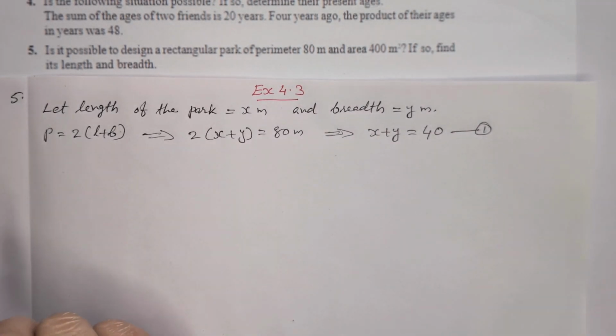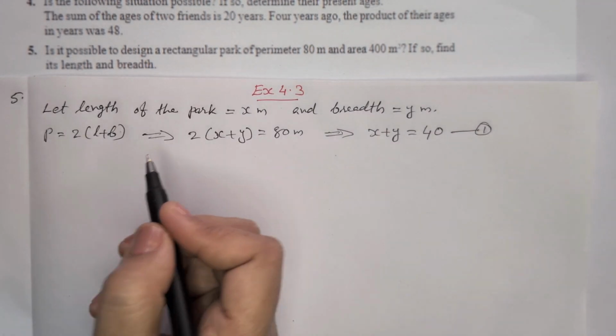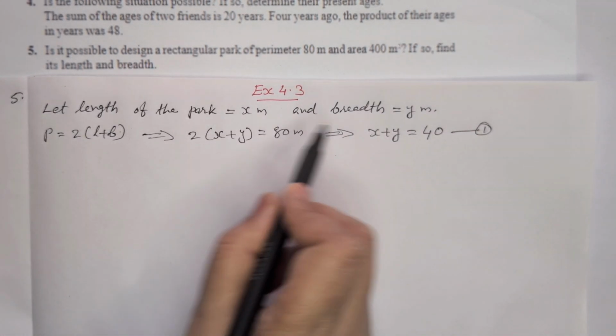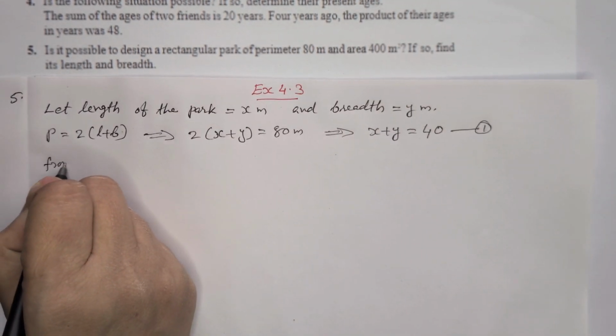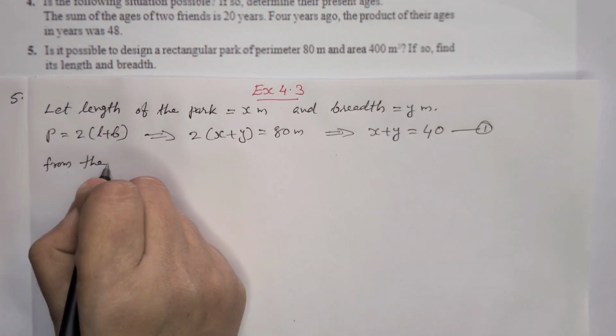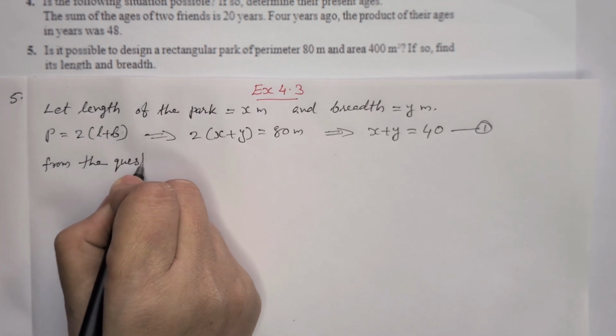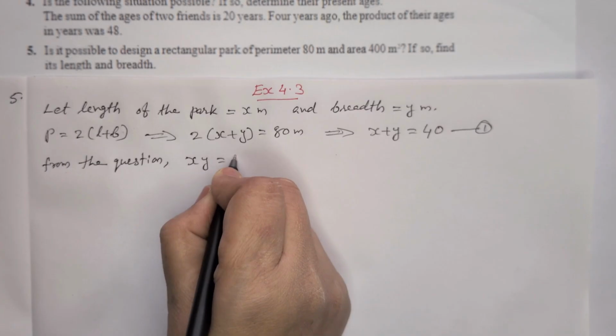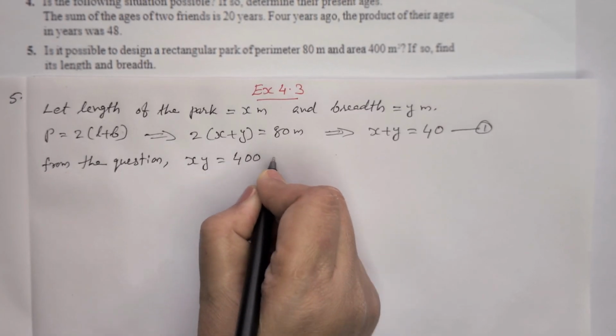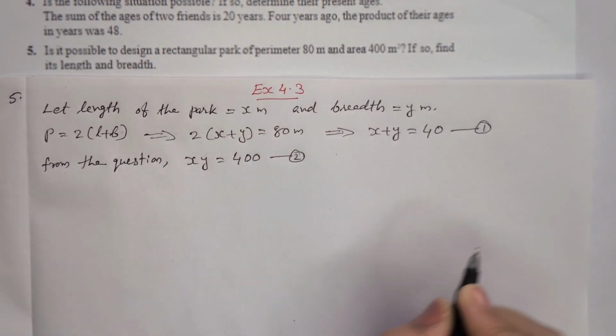Then here it is given area as 400, that means length into breadth. Here length is x, breadth is y. So we can write from the question xy is equal to 400. That is equation number 2.